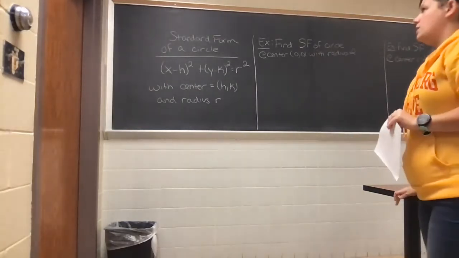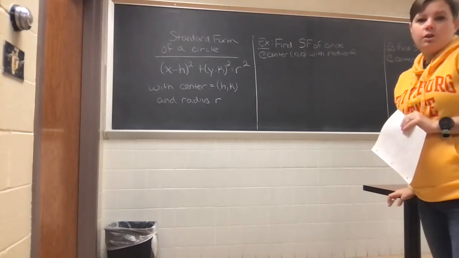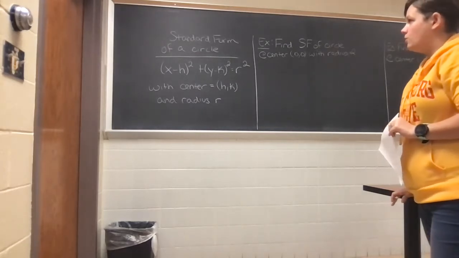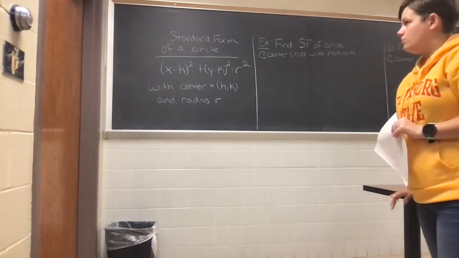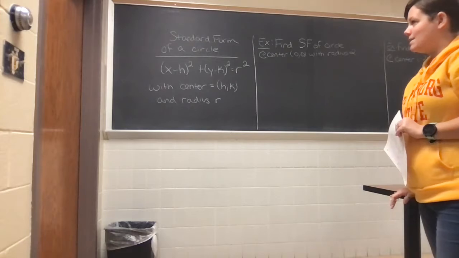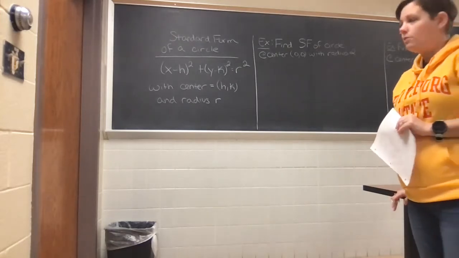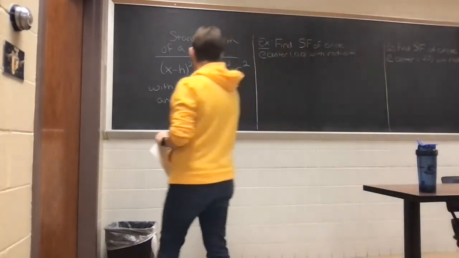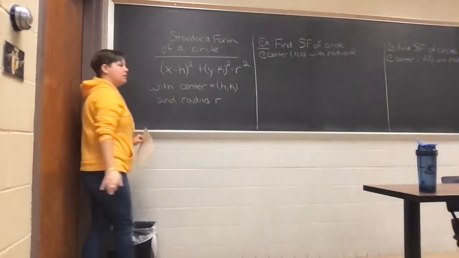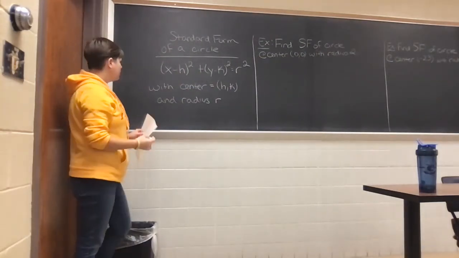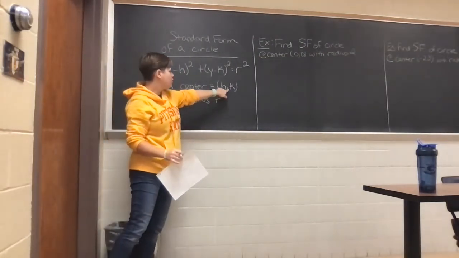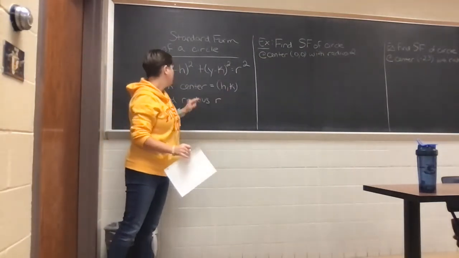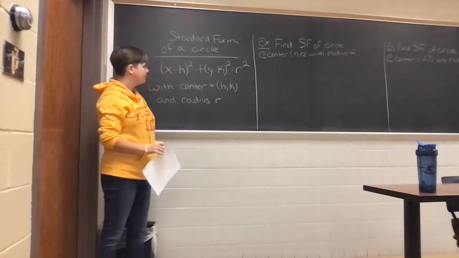So just like with an equation or a polynomial, we're going to have a standard form for our circle. The standard form is (x minus h) squared plus (y minus k) squared equals r squared, with the center, like I said, at h, k, and the radius of r.